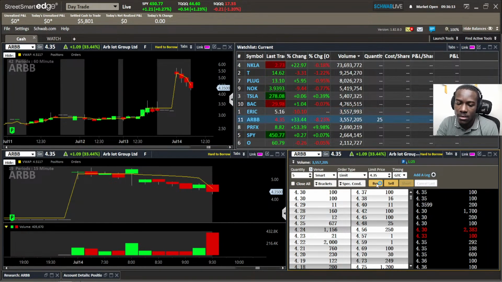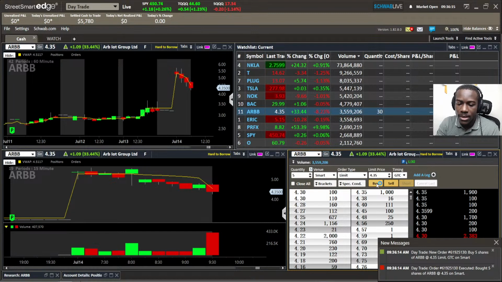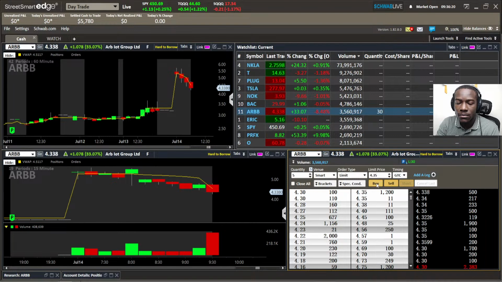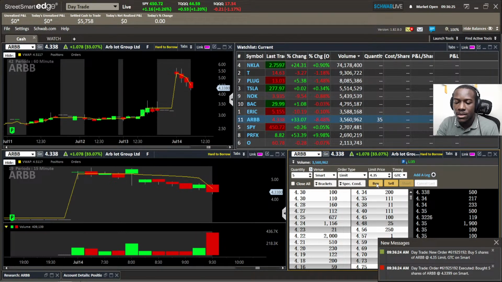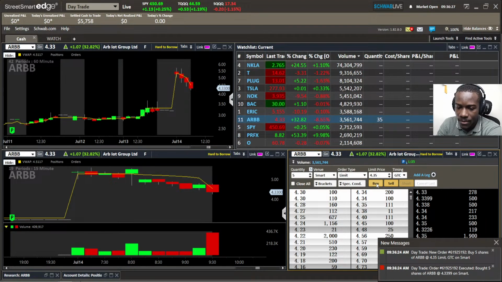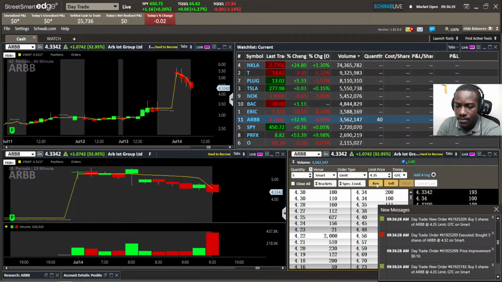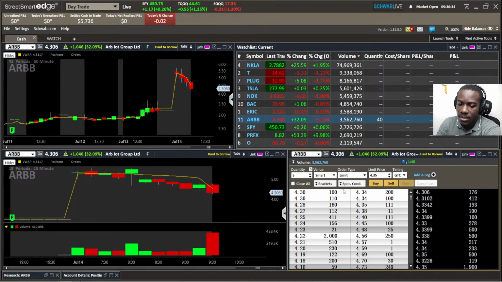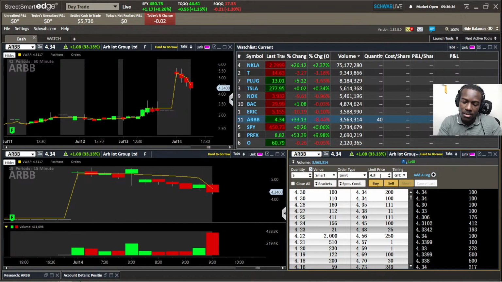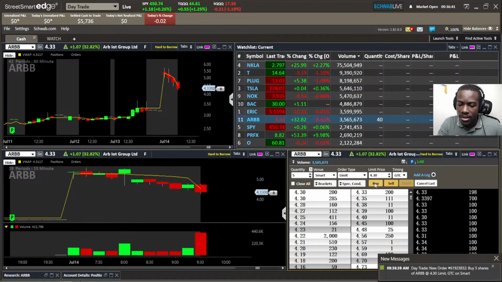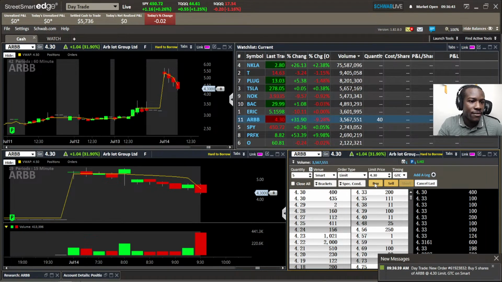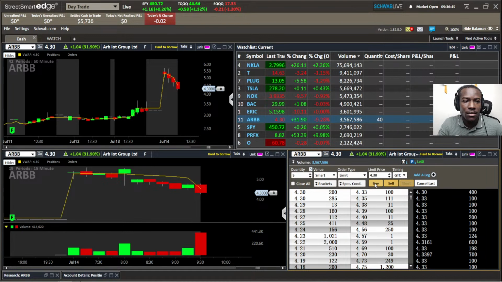I'll keep adding under the 40 as long as it's 40. 35s. Added a little bit there. Like the way it's holding around here. 35s. So I got 40 shares in there. Can we get under the 30s? I'll throw a share out there at the 430s if it can touch it again.